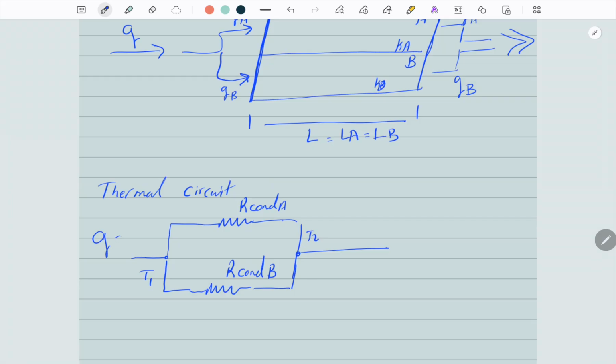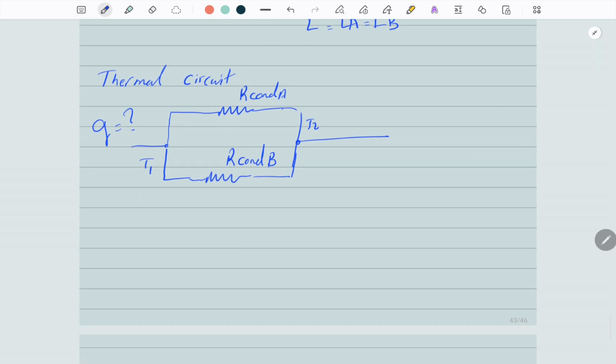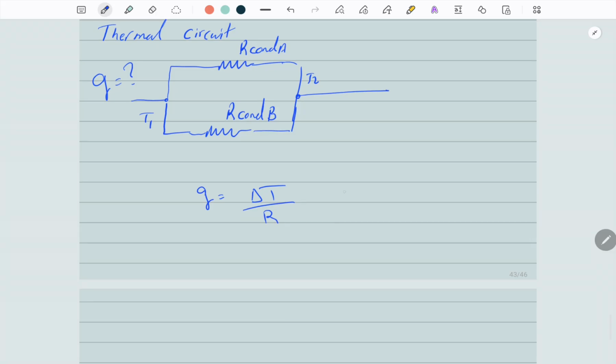So we're required to find the heat flow or heat transfer Q. We know that Q equals change in temperature divided by the total resistance. Change in temperature is T1 minus T2. Now the resistance in parallel is different than resistance in series.